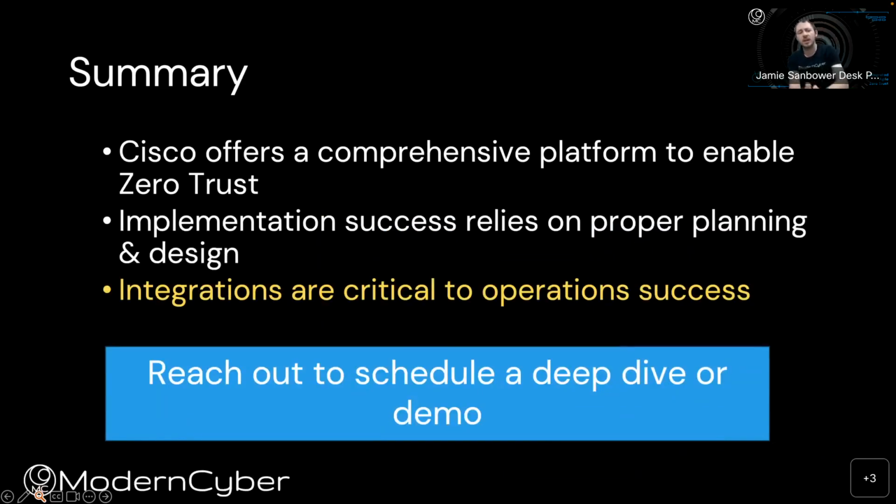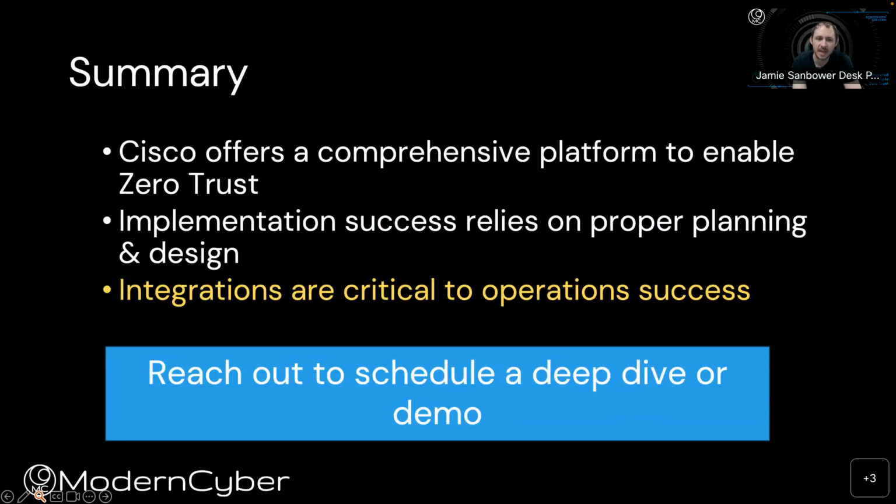Quick summary on today. We talked a lot about Cisco Zero Trust. One key call out: Cisco obviously has a comprehensive platform to enable Zero Trust. They do make it a lot easier than trying to put your own piecemeal solution together. The biggest thing that we recommend, and hopefully hit home for you today, is that implementation success relies on proper planning and design.